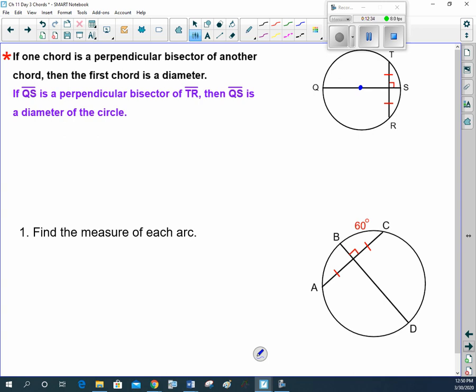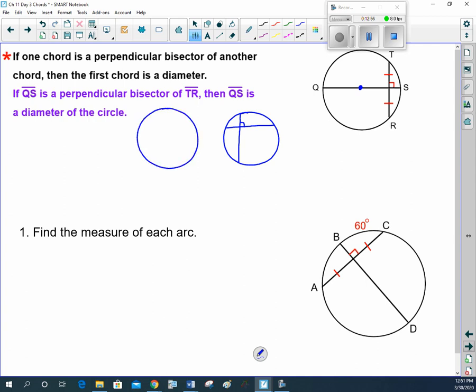So let me show you a scenario where here's a segment, and here's a line that's perpendicular. But that obviously didn't cut that into two equal parts, so that segment's not a diameter. Okay, what about if I did it so that they would be equal?